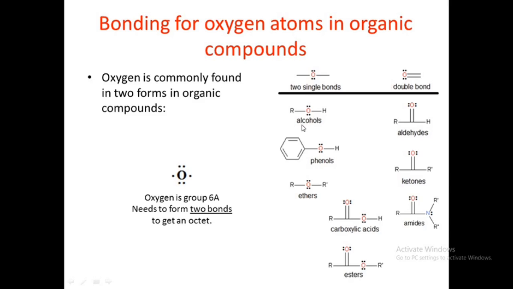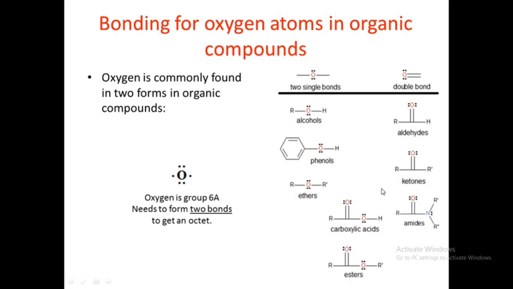And in alcohols, the oxygen atom is bonded to an alkyl group and with a hydrogen atom. Similarly, in case of phenol, the oxygen atom is bonded with one benzene ring and then with one hydrogen atom. And in case of ethers, the oxygen atom is bonded with two alkyl groups.